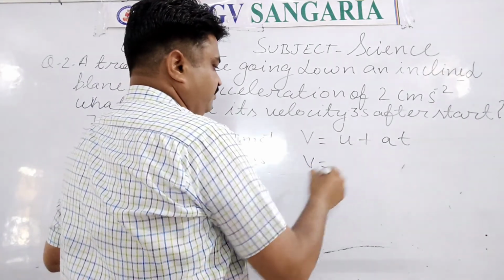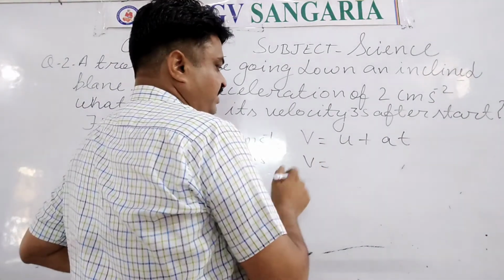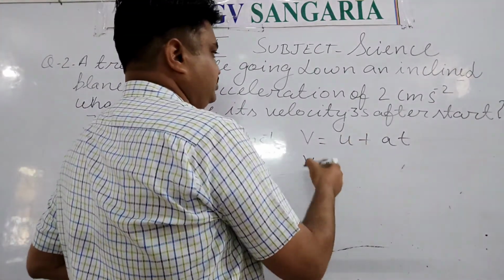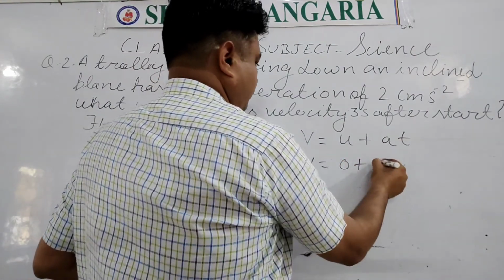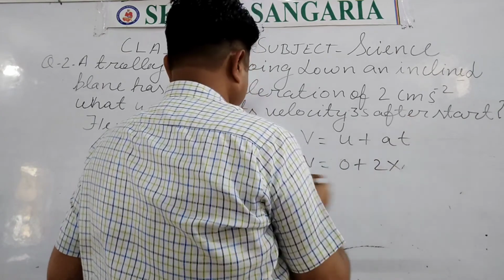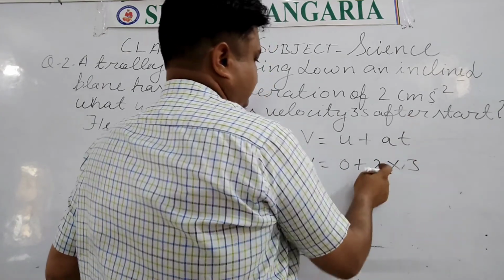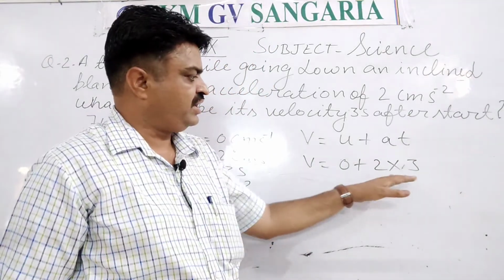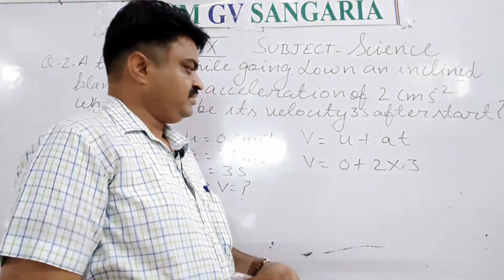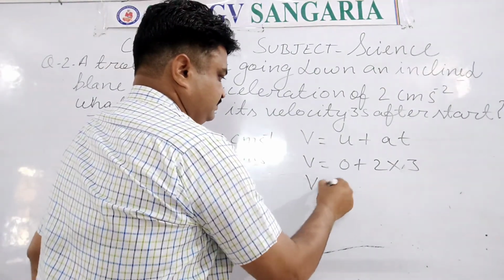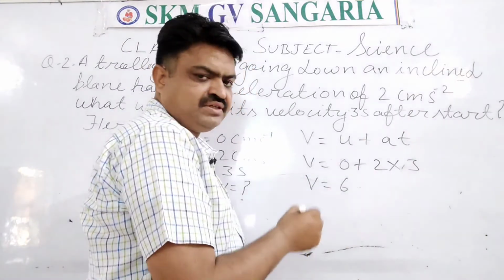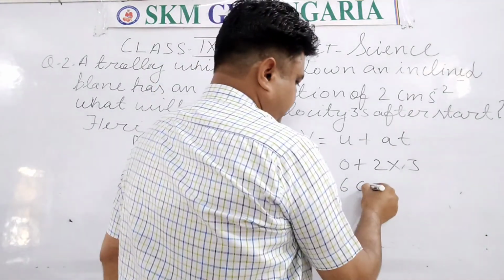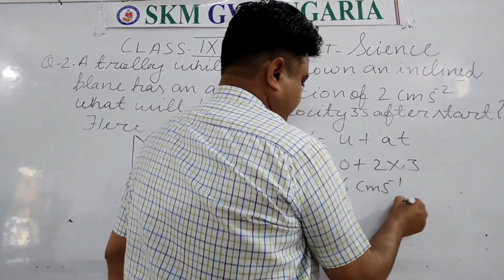We will try to find out V, means final velocity, and U is 0, and A is 2, and T is 3. This acceleration is 2, and time is 3 seconds. Now we will multiply 2 into 3 is 6, and the answer that we will get is 6 centimeter per second. This is the answer.